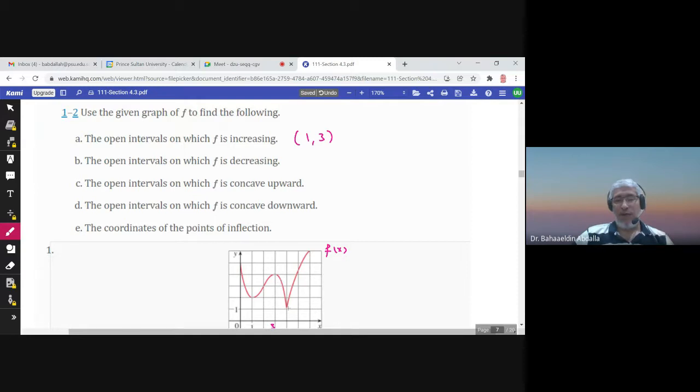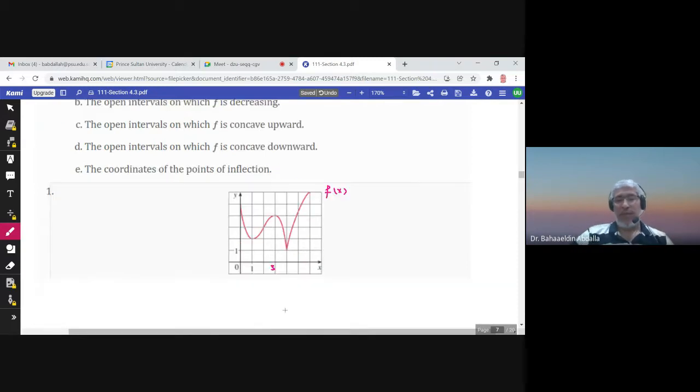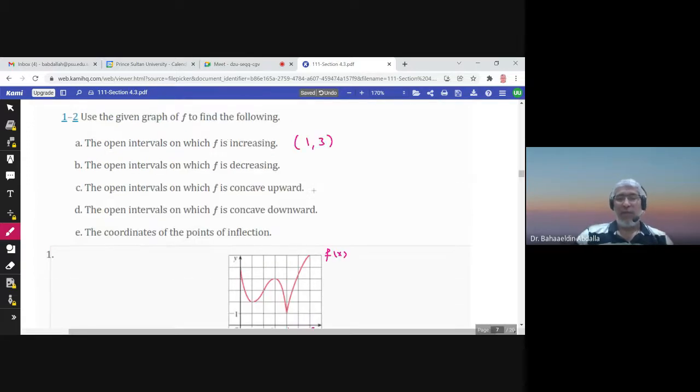Then from 3 to 4, it is decreasing. Then from 4 to 6, it's increasing. So union 4 to 6. In these two intervals, the function is increasing.